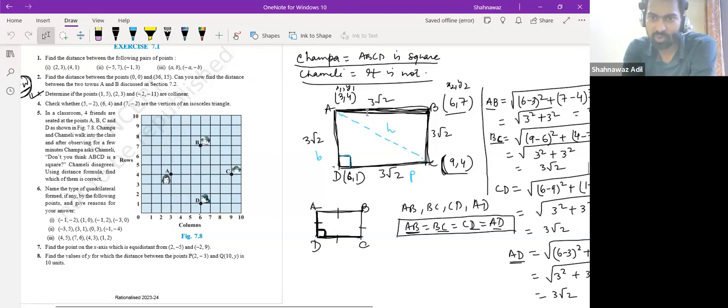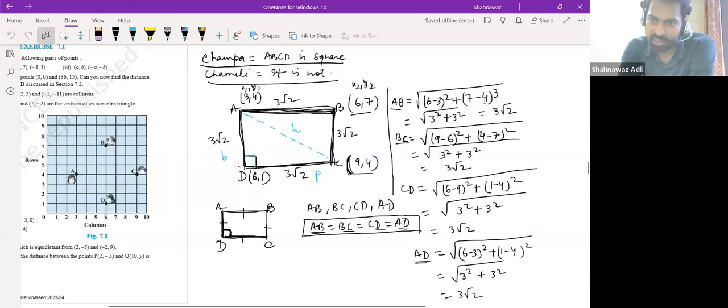To prove that this is a square, we need to find out the sides first: AB distance, BC distance, CD distance, and AD. We can calculate the distance using the distance formula, right? We already have these coordinate points, so we applied the distance formula on all these sides.